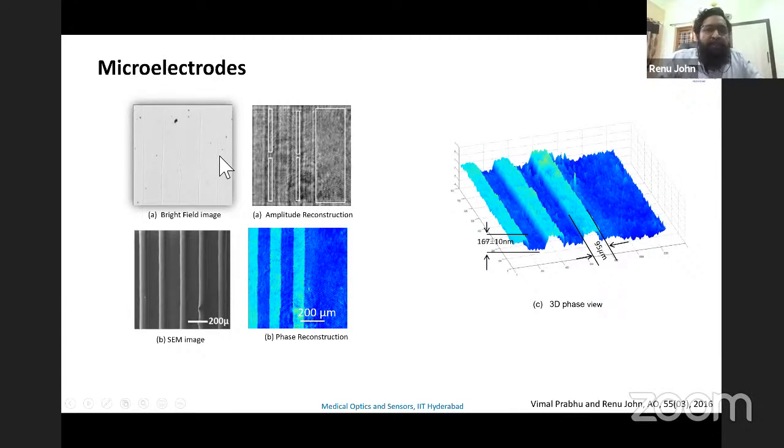They are not visible under the microscope; you can only see very narrow edges of these nanometric thick electrodes. A holographic image of those electrodes gives you the thickness, which is about 167 nanometers, and about 95 or 100 micron wide. You can see that the depth and thickness of the electrodes are very clear in the holographic microscope.